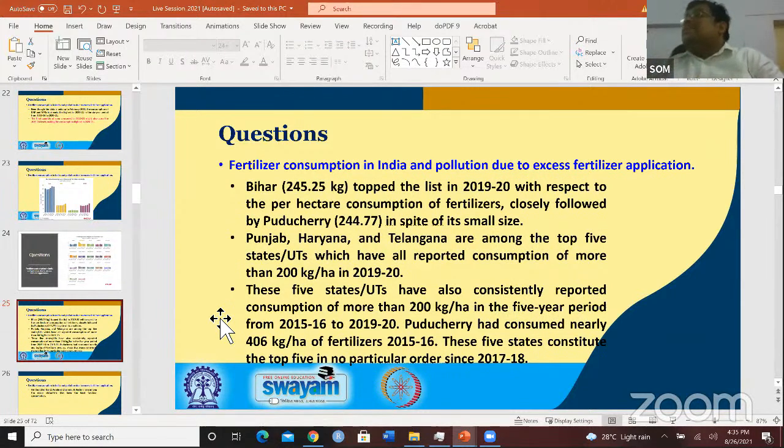Among these, Puducherry consumed nearly 406 kg per hectare of fertilizer in 2015-16, and these 5 states constitute the top 5 in no particular order since 2017-18. So you can see how different states have a high amount of fertilizer consumption.